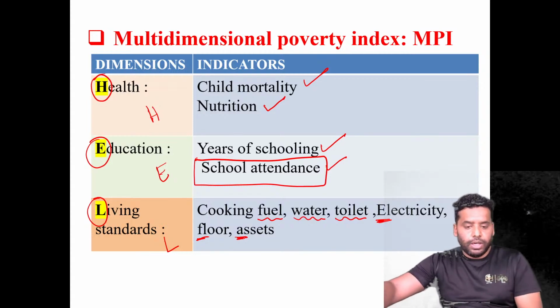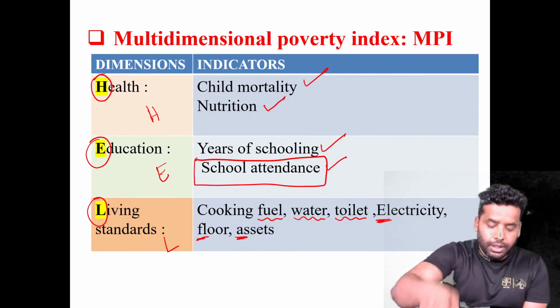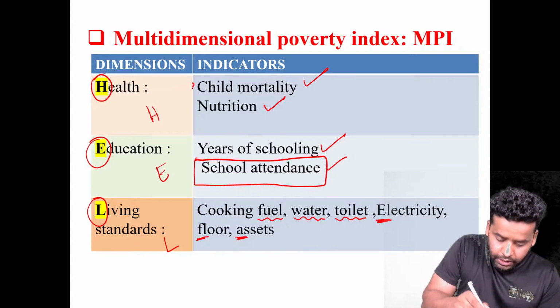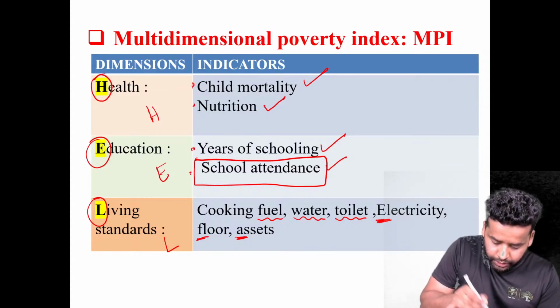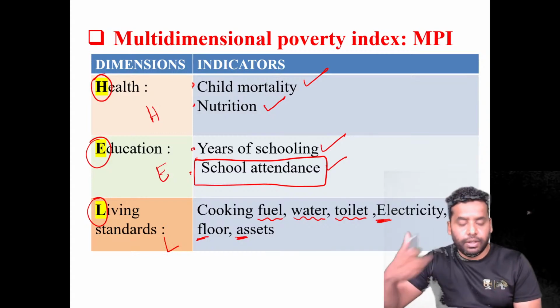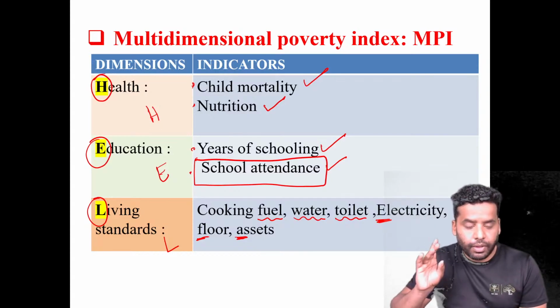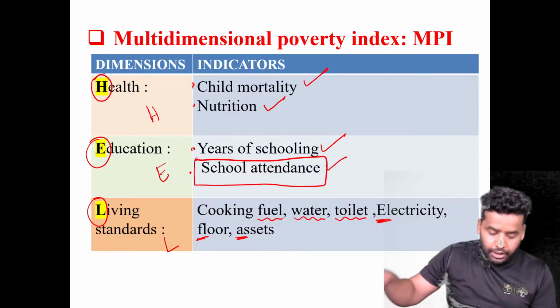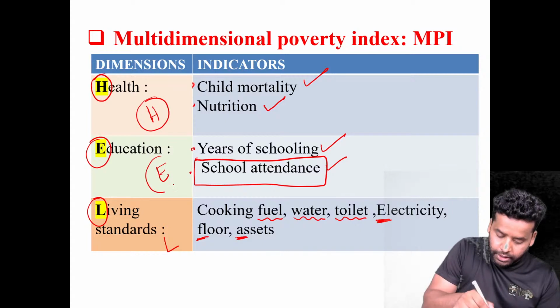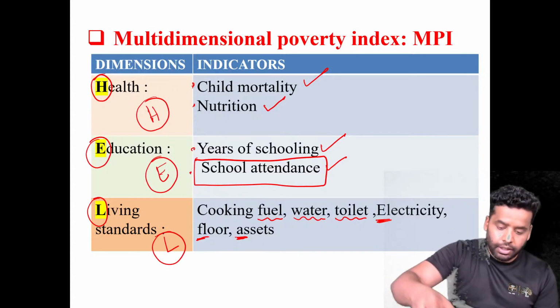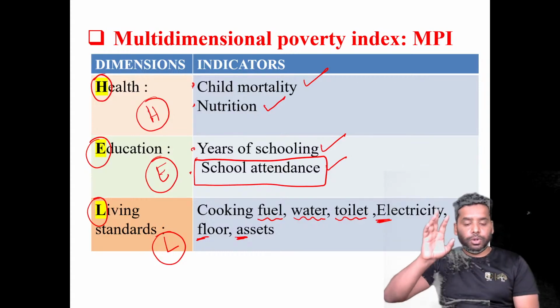You have to remember these two things. This is one table which we need to learn by heart. Health, education, living standards. How many dimensions are there and how many indicators are there? Count the dimensions and the indicators properly with me.